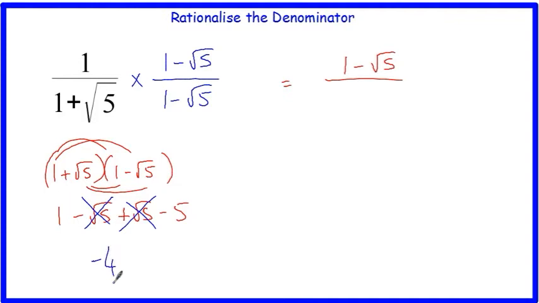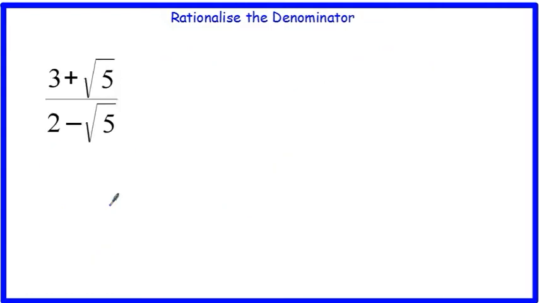Now, when you have the plus and the minus, it's called the difference of two squares. And really, all you need to multiply is the first and first and the last and the last. I know the middle two will disappear. So my answer would be that over minus 4. And that's it done. So it really quickens up the process.